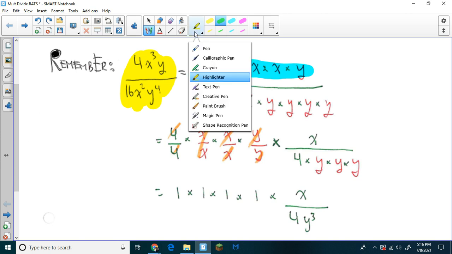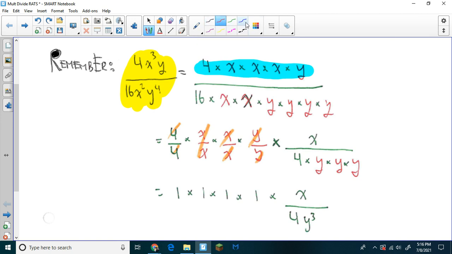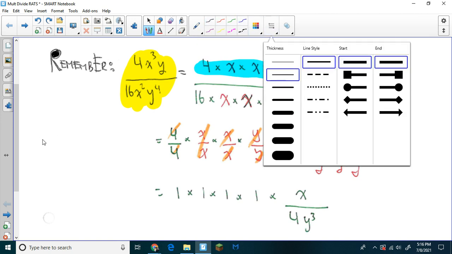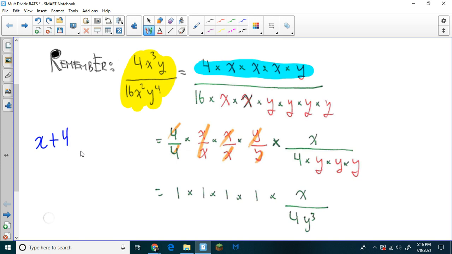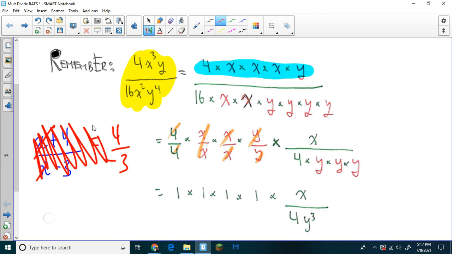Please never ever do this. If I gave you x plus 4 over x minus 3, some students will say, oh cool, see you later, x, and then they get 4 over negative 3. No one ever showed you that. You're just misinterpreting something else that was shown to you.